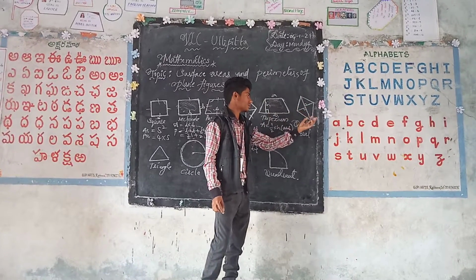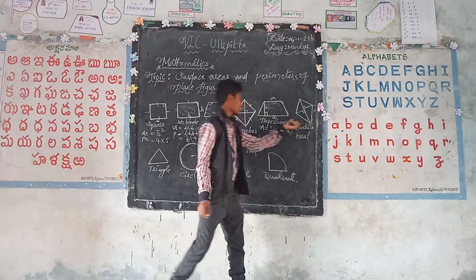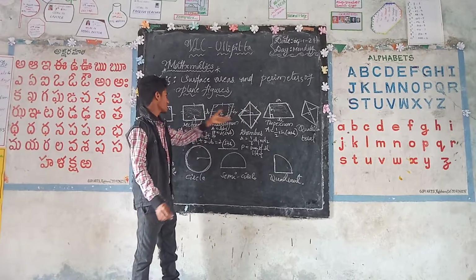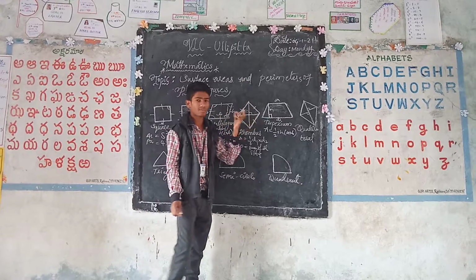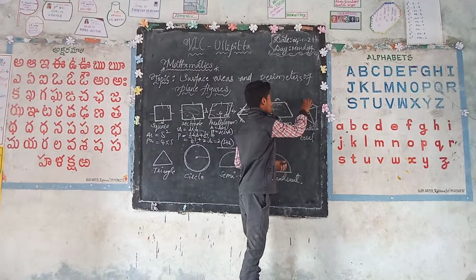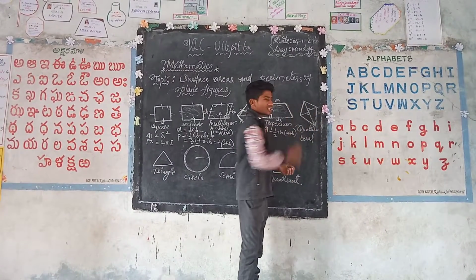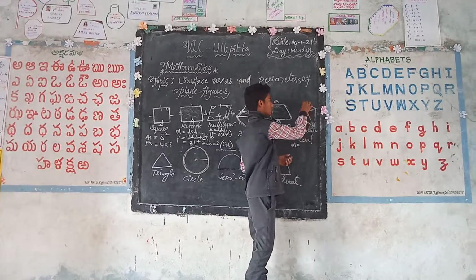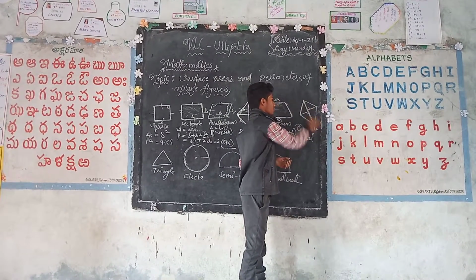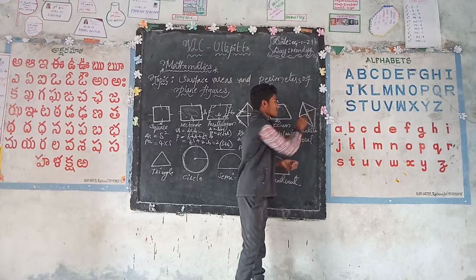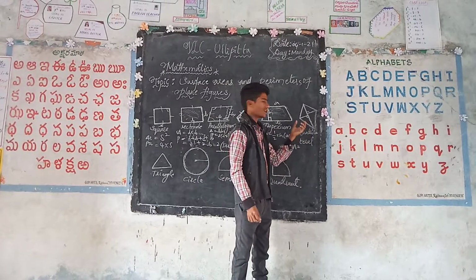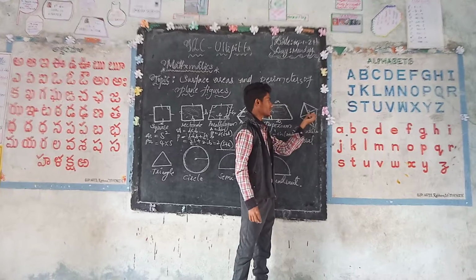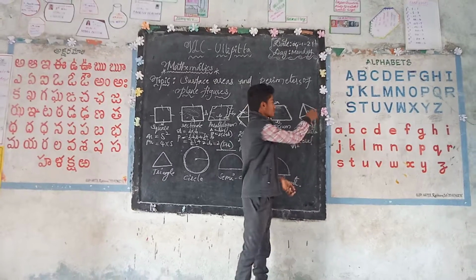Next, this is a quadrilateral. Square, rectangle, parallelogram, rhombus, and trapezium all come from the quadrilateral. To find the area of a quadrilateral, one diagonal will be given. These are the heights on the diagonal.